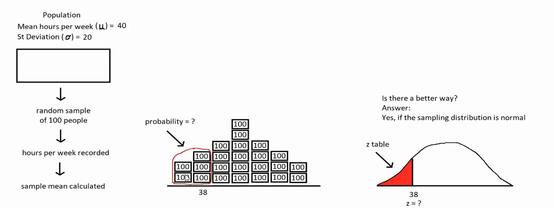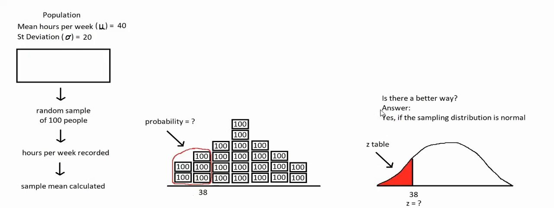If you tried to make the diagram, it would have many, many boxes inside of it because there are many combinations of 100 that could be selected from this big of a population. And you probably wouldn't have enough time to calculate all of them or even fit all of them on a diagram. So this method isn't going to work.